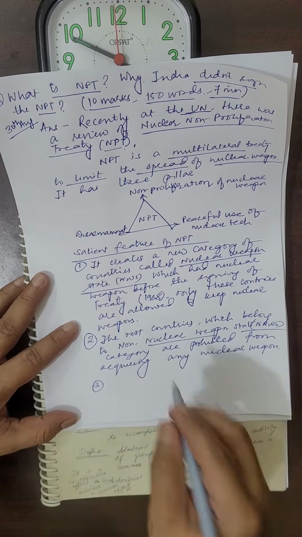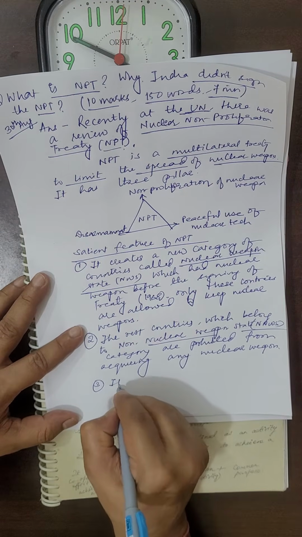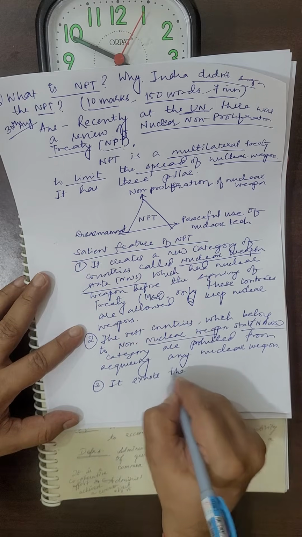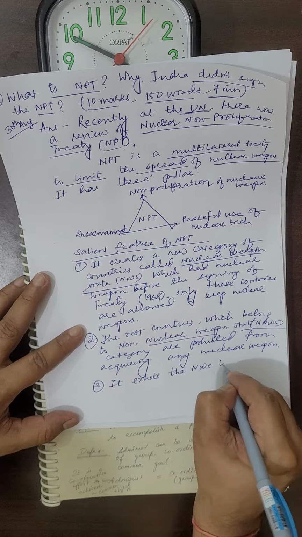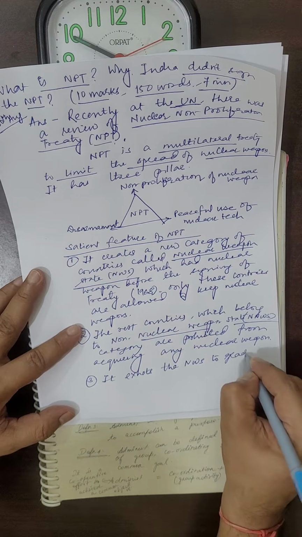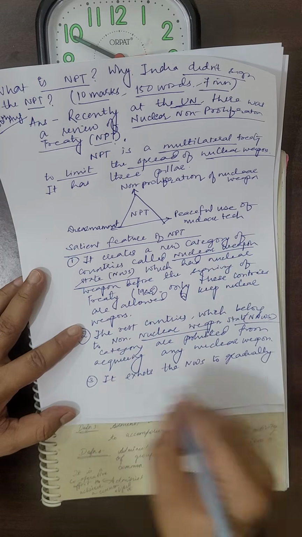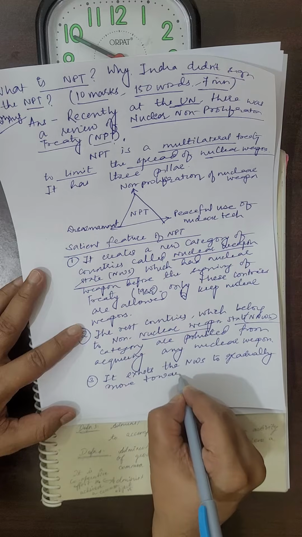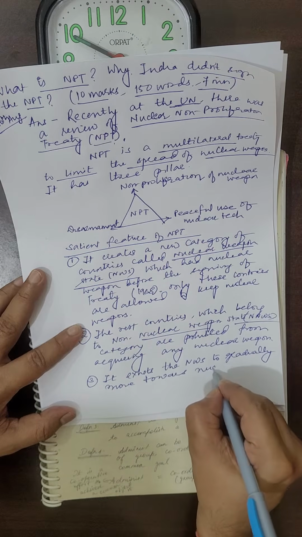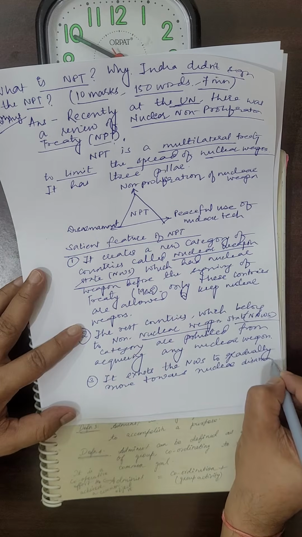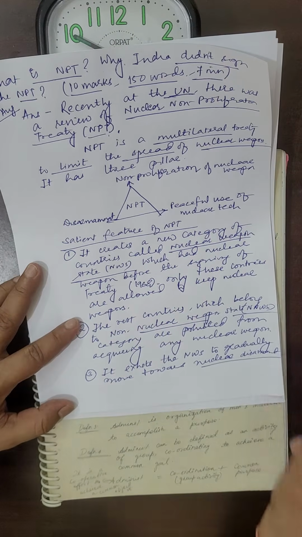Third point you can write is that it exhorts the NWS to gradually move towards nuclear disarmament. Underline this.